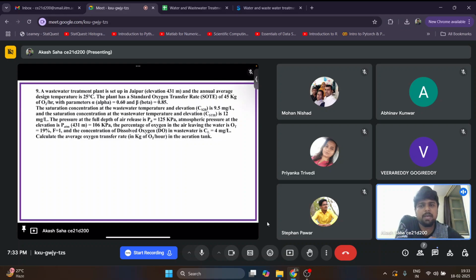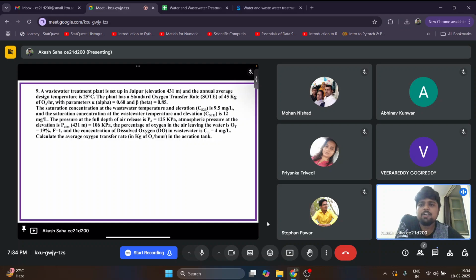So a wastewater treatment plant is set up in Jaipur, where the elevation is 431 meter and the annual average design temperature is 25 degrees Celsius. The plant has a standard oxygen transfer rate SOTE of 45 kg of oxygen per hour with parameters alpha and beta. The saturation concentration at the wastewater temperature and elevation is 9.5 milligram per liter, and the saturation concentration at wastewater temperature at the standard elevation is 12 milligram per liter.